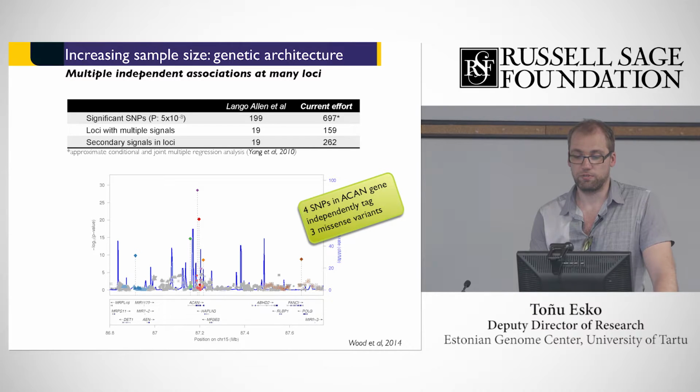But there are 2 other variants here, and this gene has independently also been linked to familial short stature, and there is some evidence here. Those blue peaks are recombination hotspots.